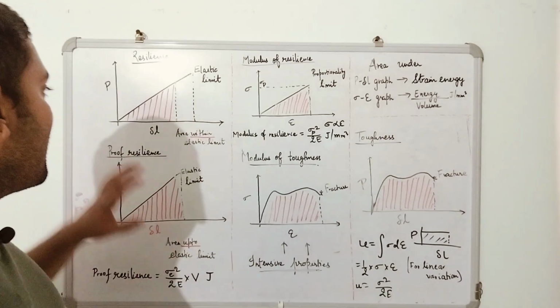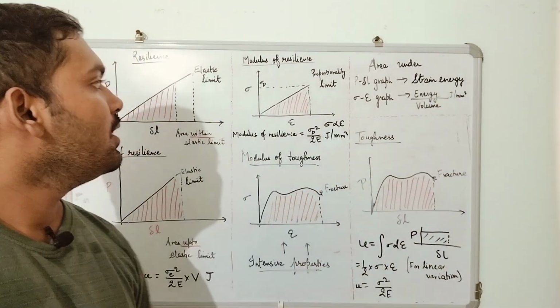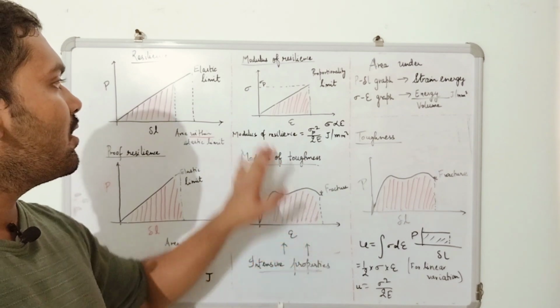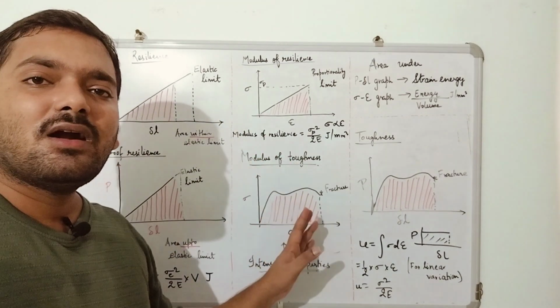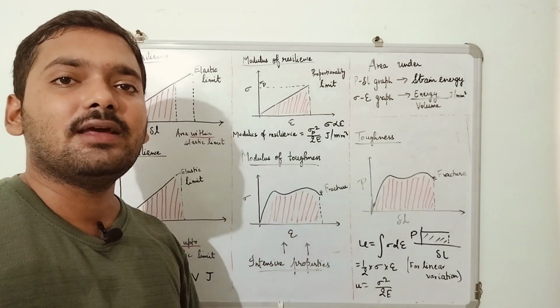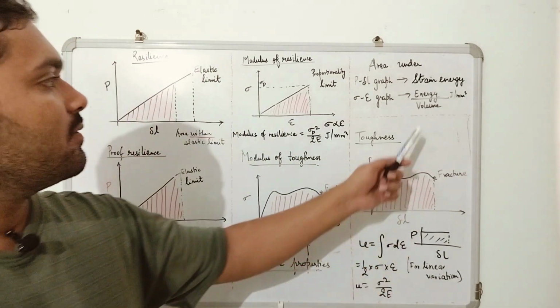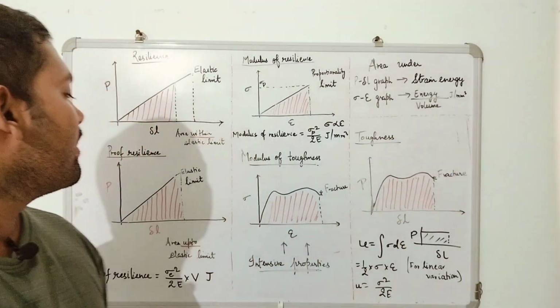So what does the area under these graphs give us? It gives us strain energy, and these two graphs are on stress strain graph. So what does the area under these two graphs give us? It gives us strain energy density. That is what is written there, strain energy per unit volume or strain energy density.